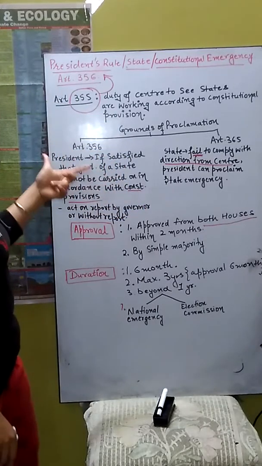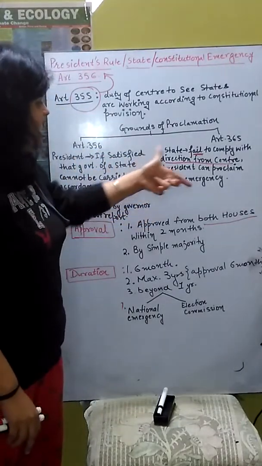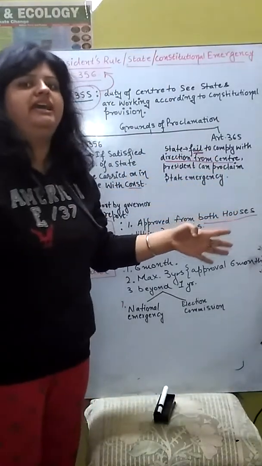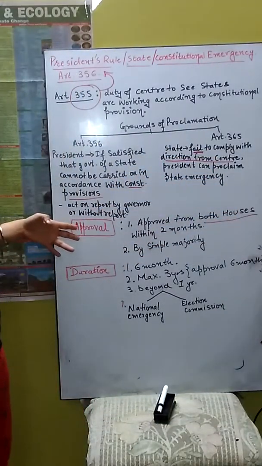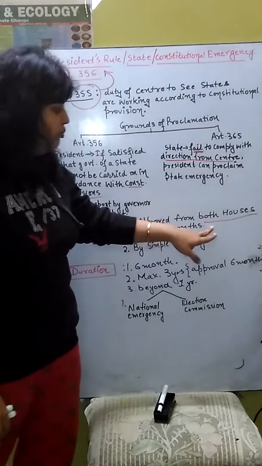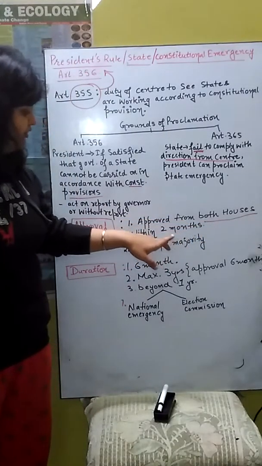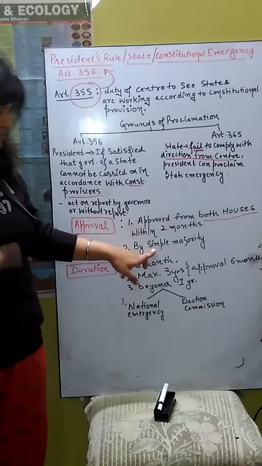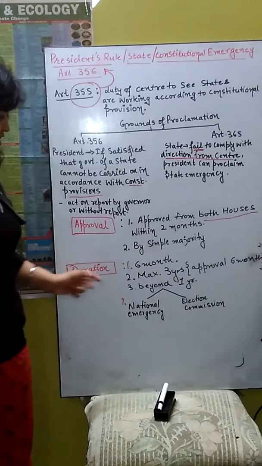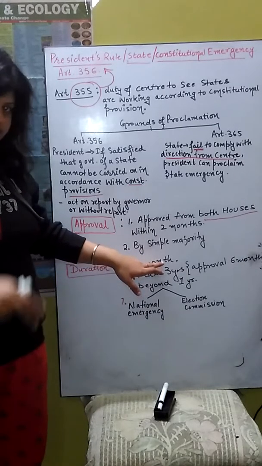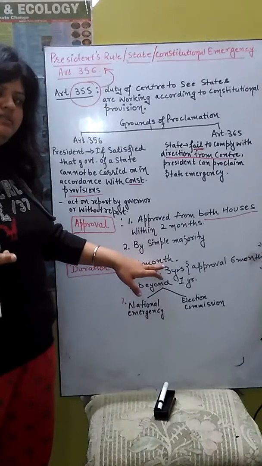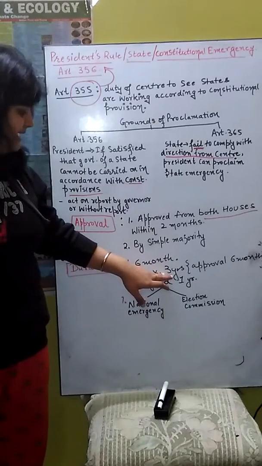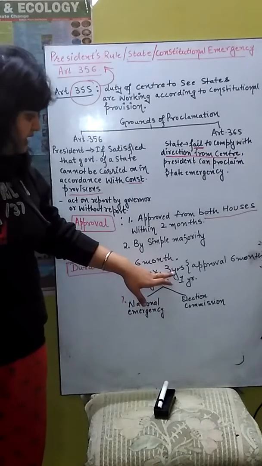When the president is not satisfied, and in second, when the state is not complying with the center. For the approval, both the houses should approve within the 2-month tenure, and that too a simple majority. For duration, once an approval is given, for 6 months it is valid. You can extend it for a maximum of 3 years.